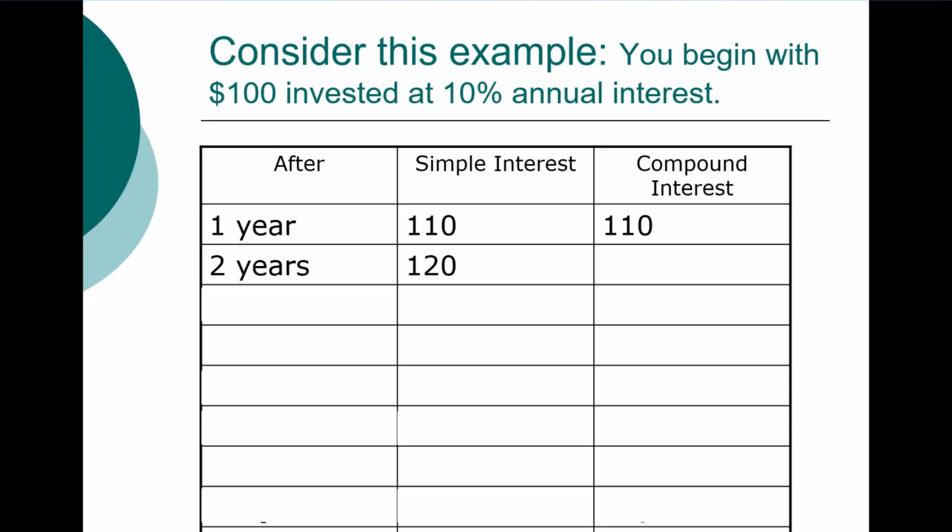But with compounding interest, it's going to be $100 plus 10 the first year. The second year, they're going to give you 10% on that $110, and that's going to add up to $121. So we're a little bit ahead in year two. Let's be patient. Let's go to year three.